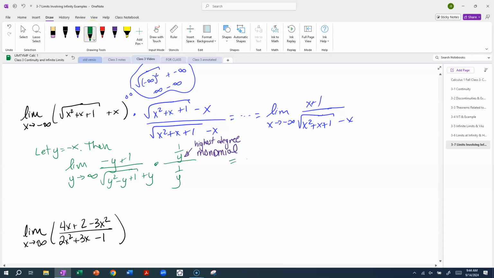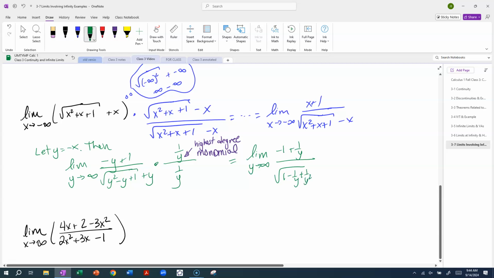And when I do that, I get the limit as y approaches infinity of negative 1 plus 1 over y, all over the square root of 1 minus 1 over y plus 1 over y squared, and then all plus 1. Why is that helpful?